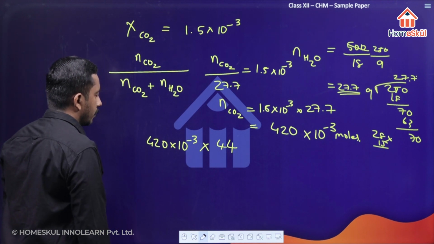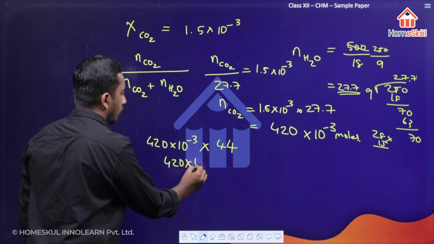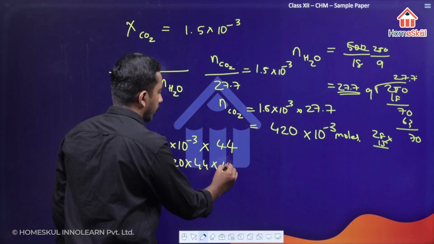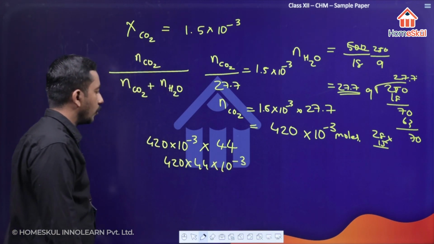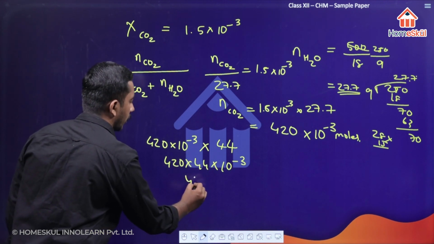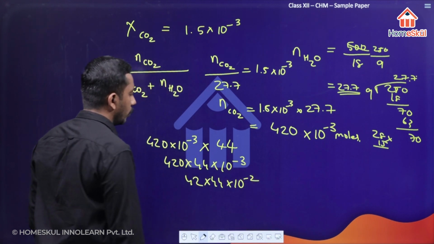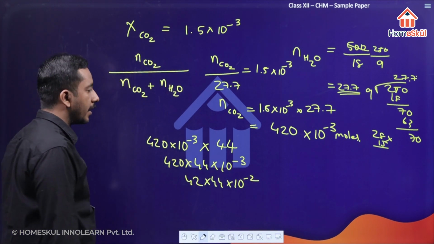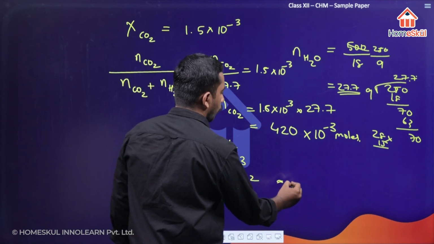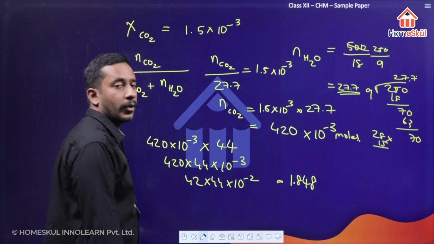So we'll have 420 into 44 into 10^-3. So we'll have to do 42 into 44 multiplied with the 10, that means 42 into 44 into 10^-2. That will give you the answer approximately as 1.848.